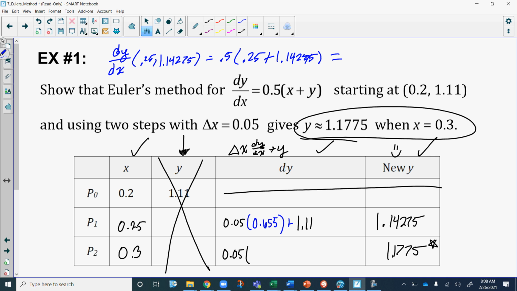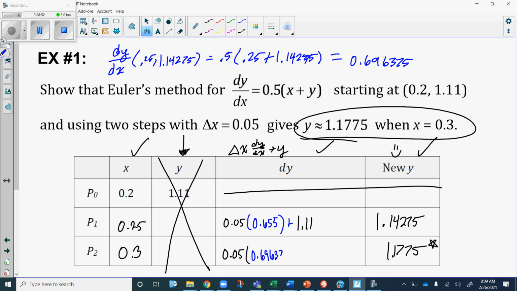I didn't write it down on my paper. Hold on a second. Let me figure it out. All right. So when I do the differential equation solution here, I'm getting 0.696375. So that's what I'm going to have here, 0.696375.